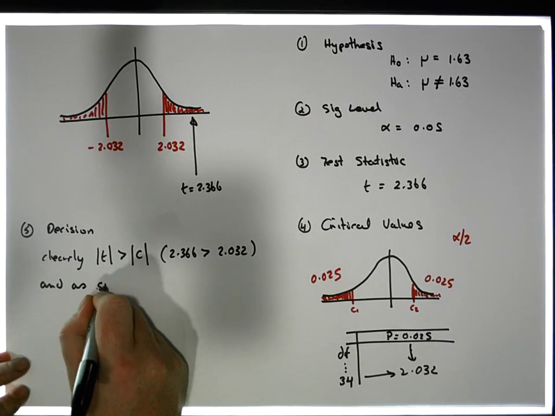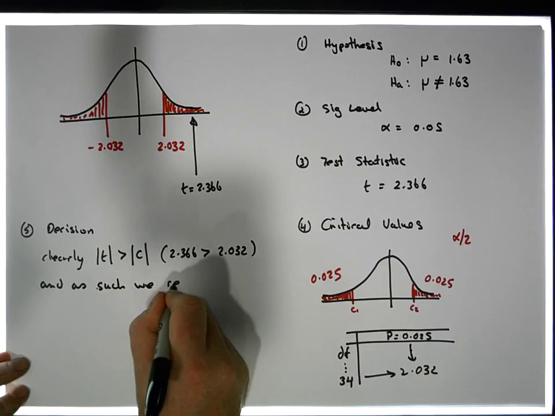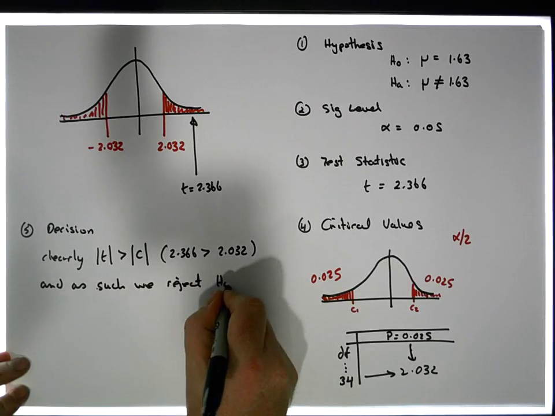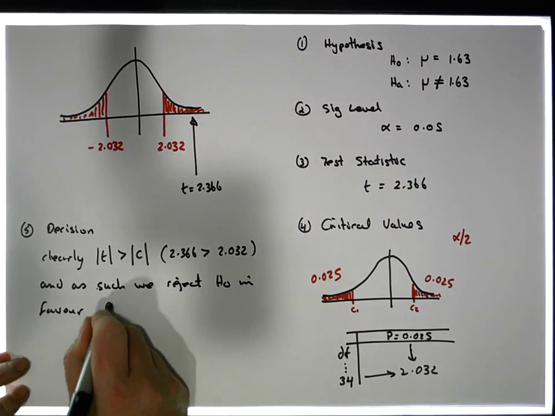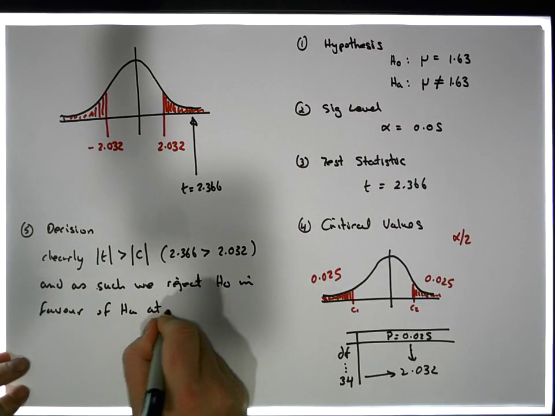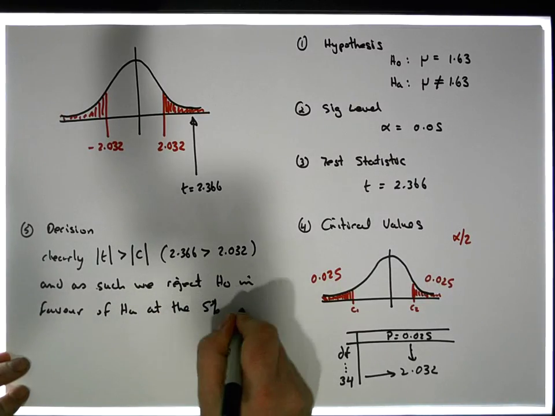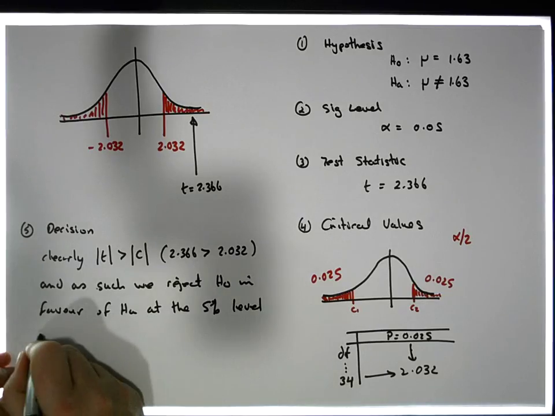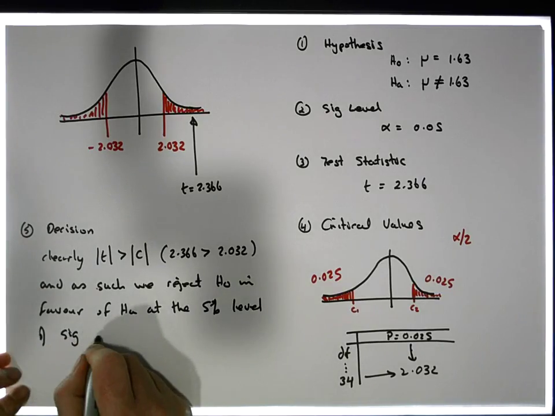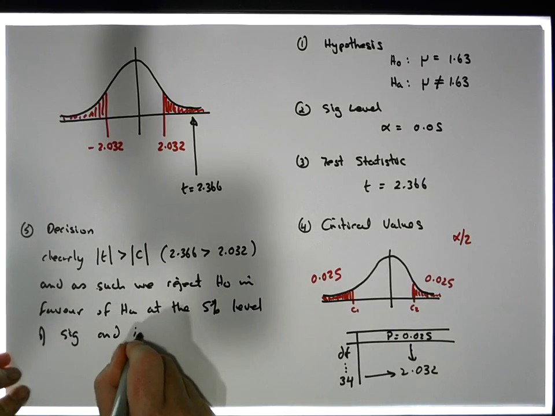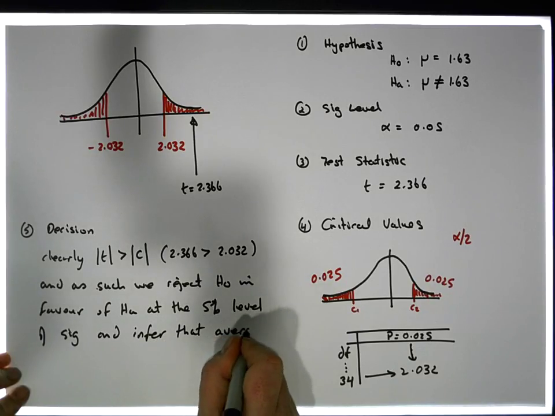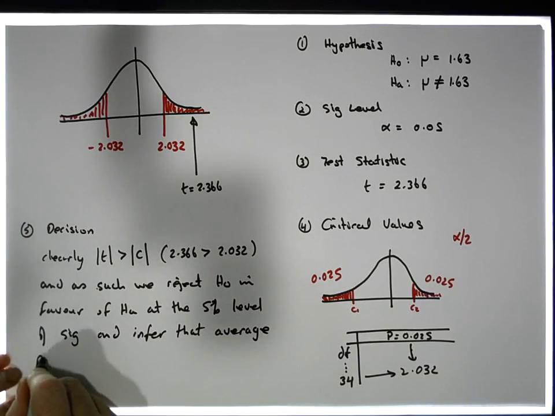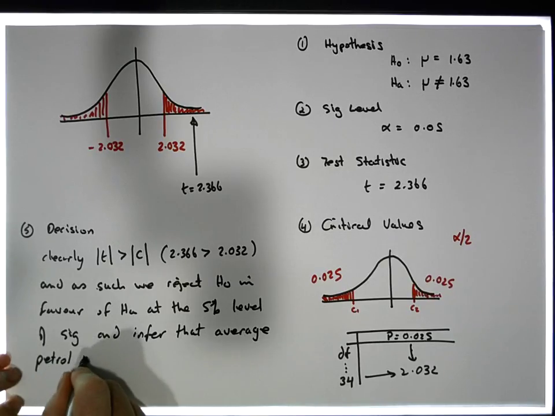we reject H0 in favor of HA at the 5% level of significance, and infer, well, what's the alternative, because that's where we've moved to.